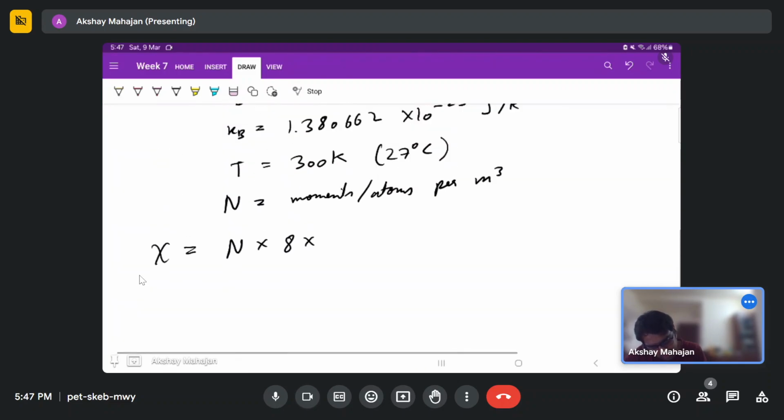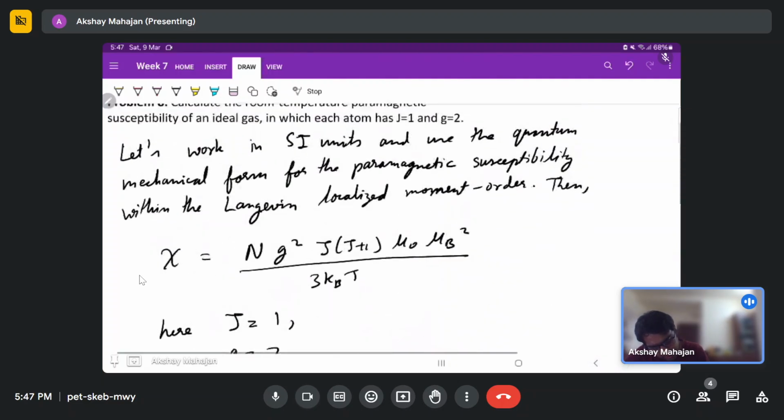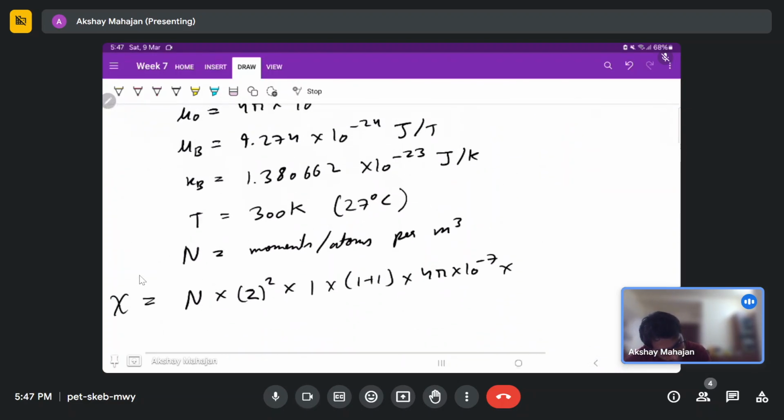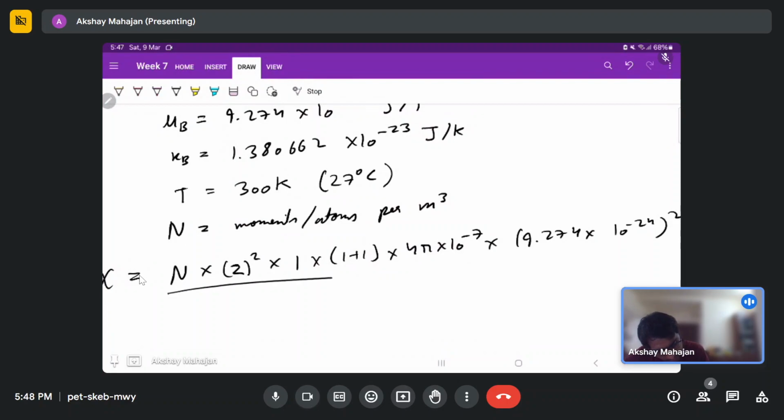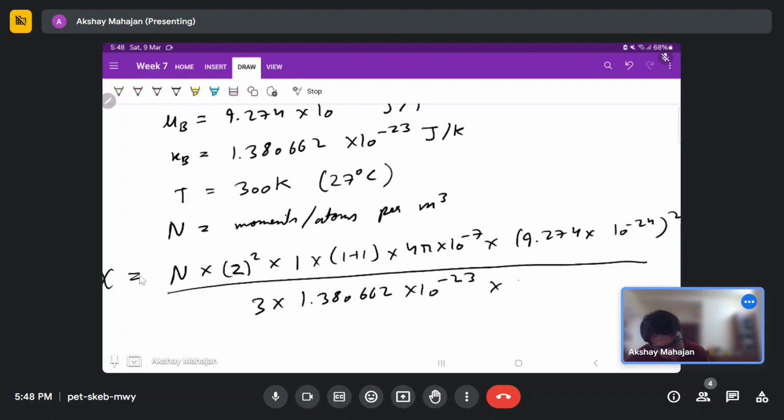So that is 2 squared, g squared, times J into J plus 1, which will give you 2, times mu naught, 4π times 10 to the power minus 7, times mu B squared, and mu B is 9.274 into 10 to the power minus 24, whole squared, divided by 3 into 1.380662 into 10 to the power minus 23 into 300 Kelvin.